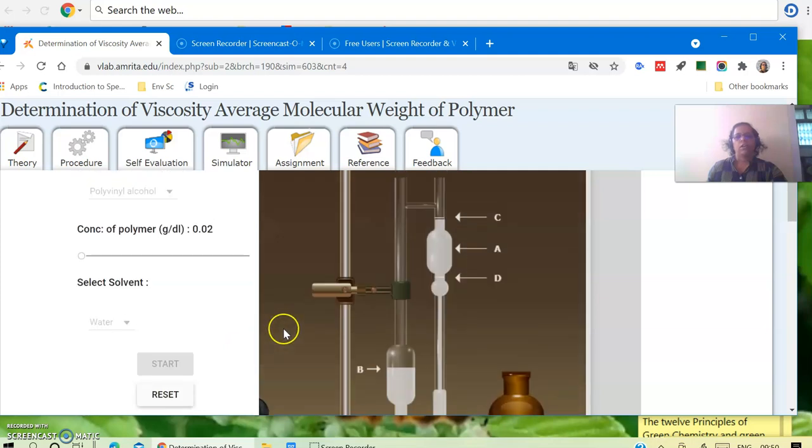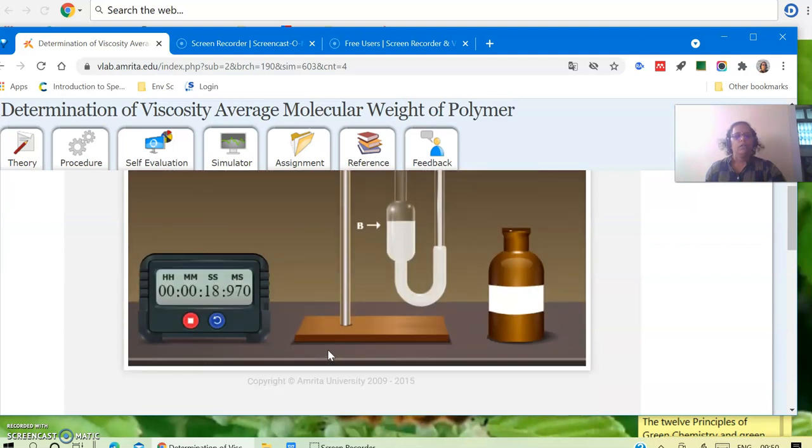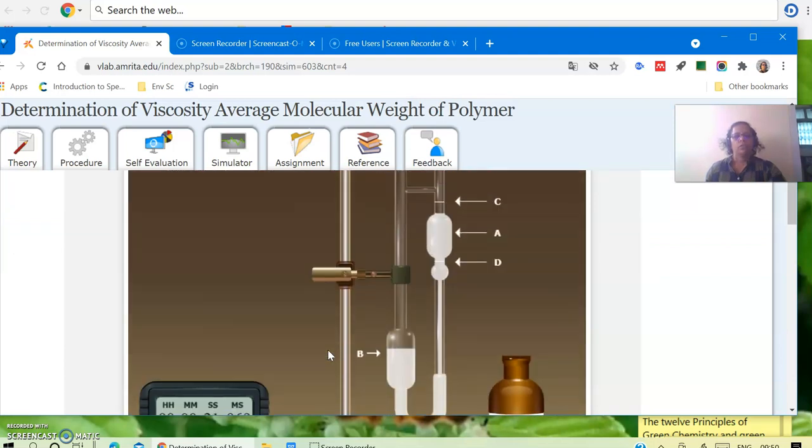Once you start, see the polymer solution is now slowly flowing, and we will see what time is required to reach this mark D. Now we will start looking at the stopwatch.